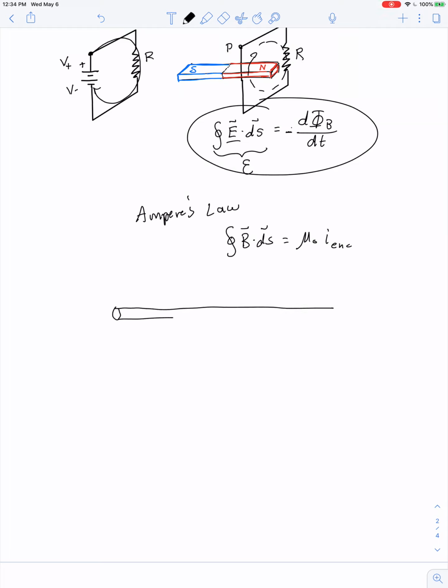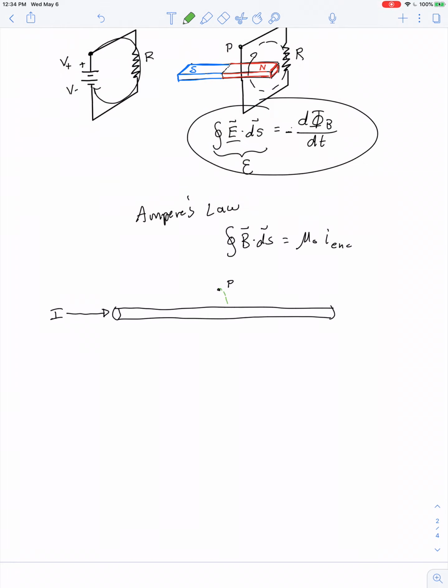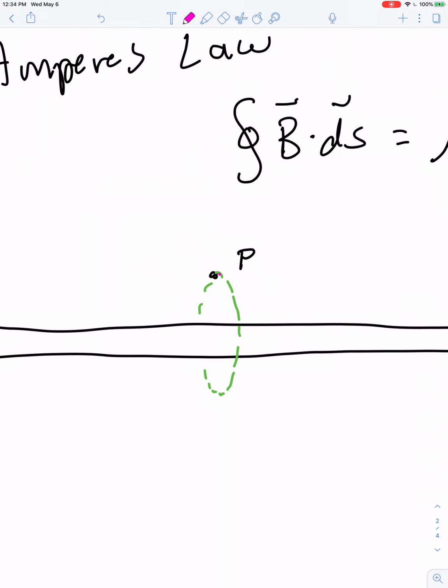Maybe we want to find the magnetic field near a current carrying wire. So we imagine some current I flows to the right, and I want to know the magnetic field at this point P. So we can make up an imagined loop, call this our Amperian loop, and that loop can be broken up as a path into a bunch of little bits of displacement.